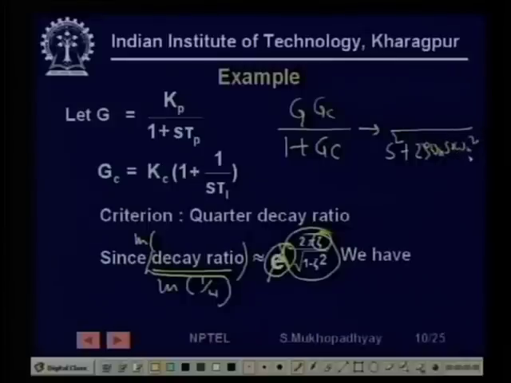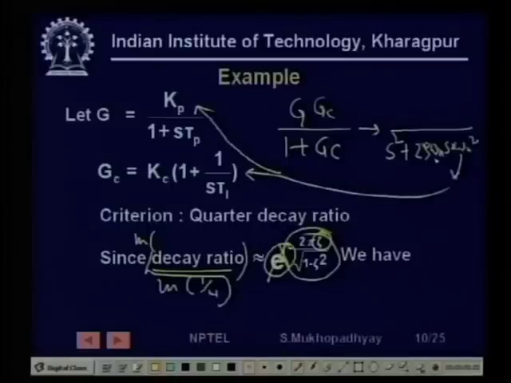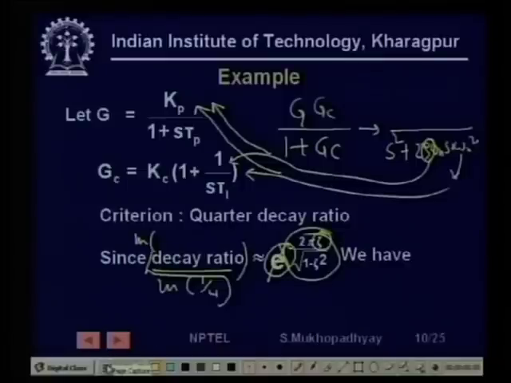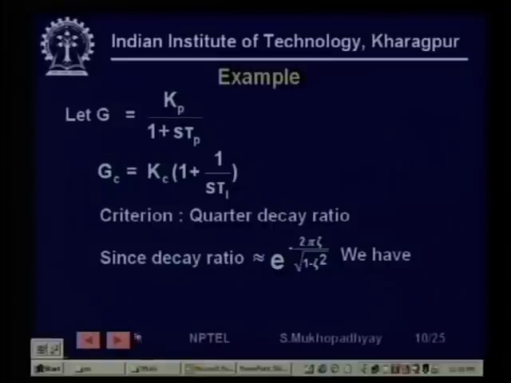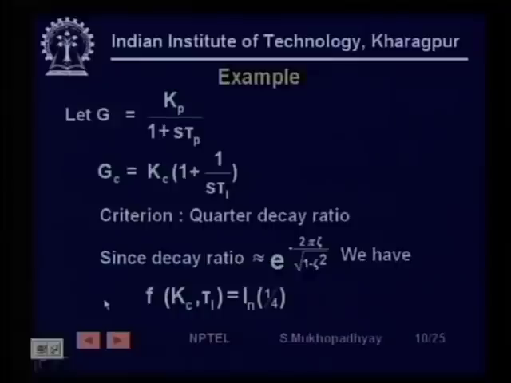So it will turn out that omega n is also a function of these parameters, and zeta is also another function of these parameters. So this zeta is going to be some function of Kc and Ti. So that is what we are saying, that if we try to solve this, finally it turns out to be an equation of the type f of Kc and Ti is equal to ln of 1/4.